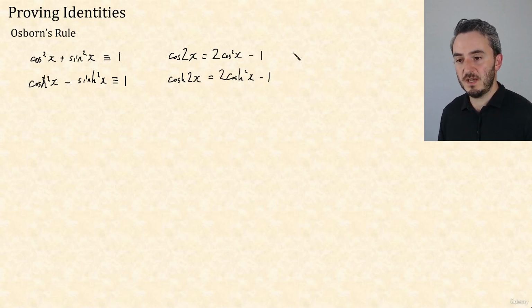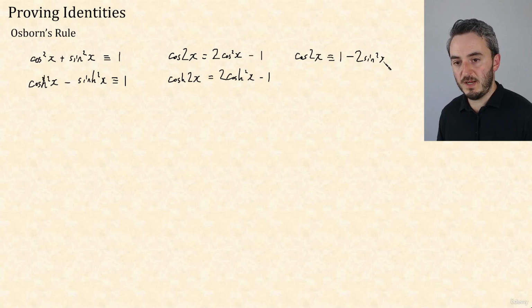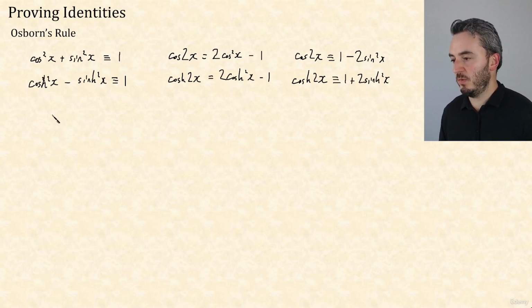That one stays the same, but cos 2x can also be written as 1 minus 2 sine squared x, and as we've just seen, this results in the identity in hyperbolic trig that cosh 2x is 1 plus 2 sinh squared x.